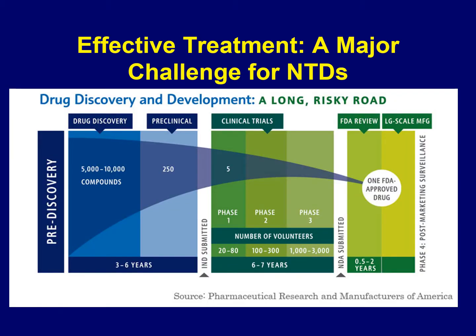This is a diagram from the Pharmaceutical Research and Manufacturers of America, and it gives you really a 20,000-foot view of what it takes to get a drug to market. You start in this pre-discovery phase where you're looking at maybe 5 to 10,000 different compounds, seeing which one of those could potentially be a hit.